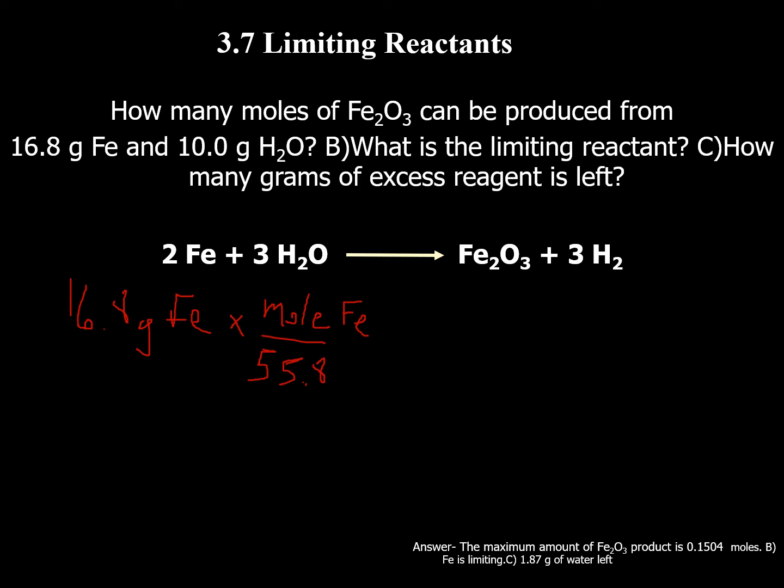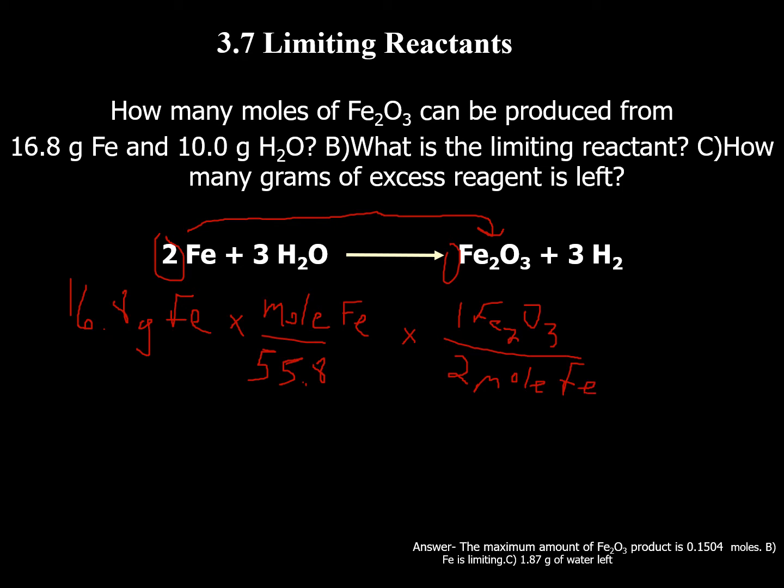Once we have the moles of iron, we will multiply by the ratio between iron and Fe2O3. What is the ratio? It's a 2-to-1 ratio. So the 1 goes on top, with Fe2O3 in the numerator. In the denominator, 2 moles of iron, Fe.